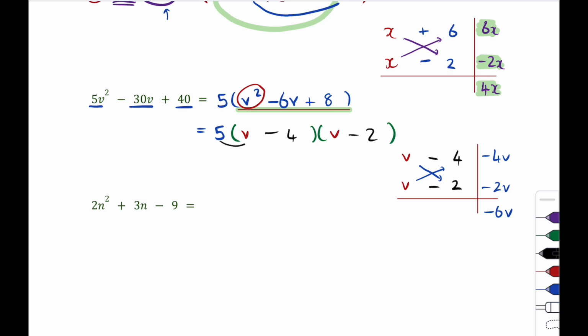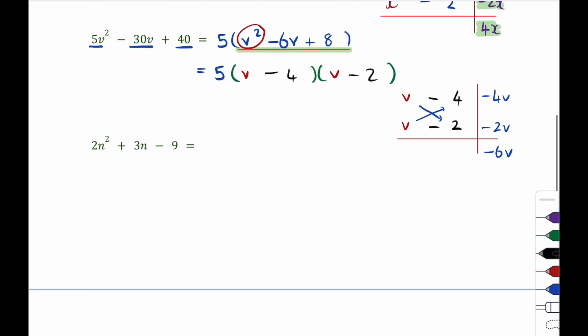So I can multiply the 5 in first and then multiply everything to the next bracket, or I could multiply the brackets out first: v squared, and then minus 2v minus 4v makes minus 6v, and finally minus 4 times negative 2 gives me positive 8. And there you have it, I have factored.